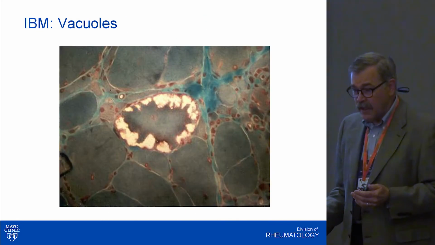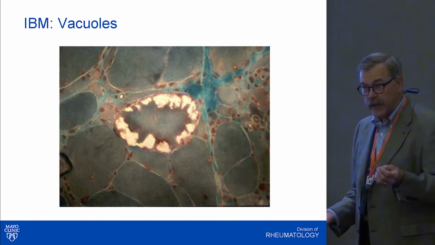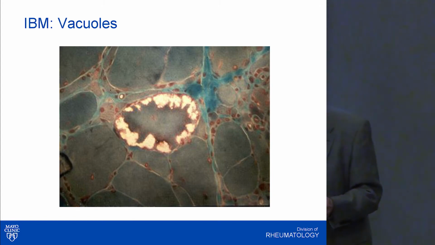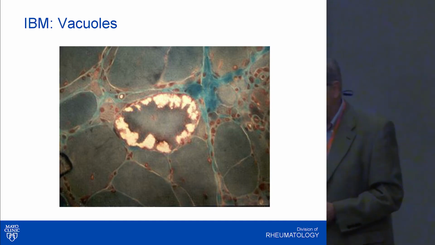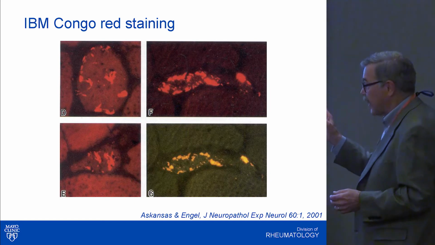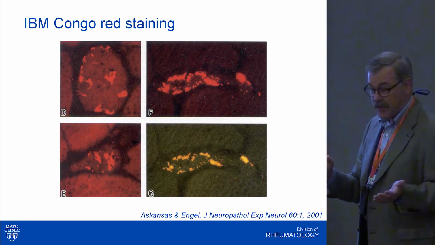In the biopsy, if seeing the vacuoles or inclusions, as shown here, this would lead toward a diagnosis of IBM. Again, another feature in the IBM biopsy is this Congo red staining that Dr. Mayman talked about yesterday also.